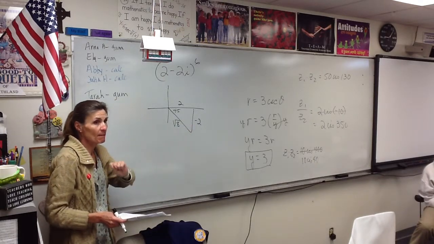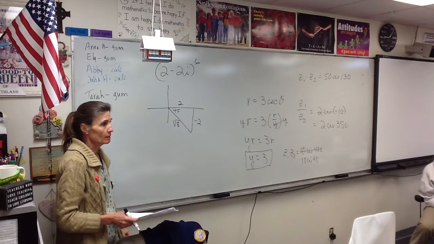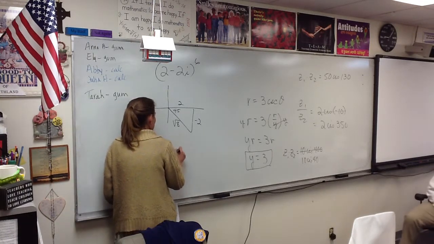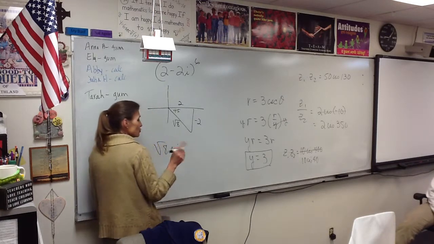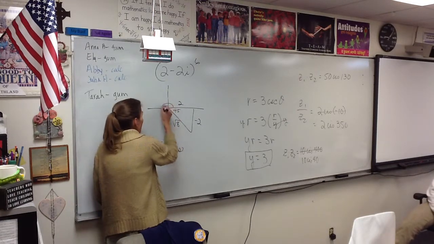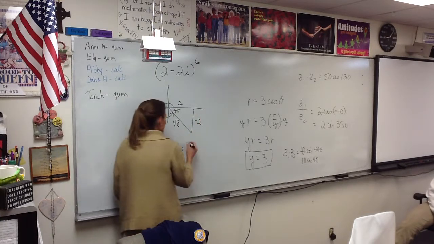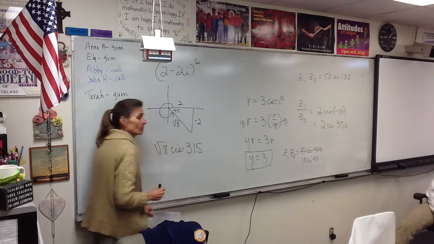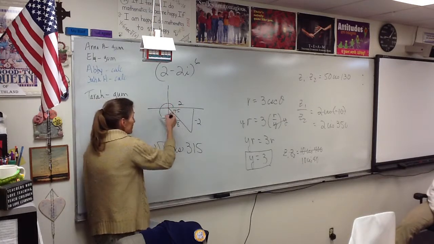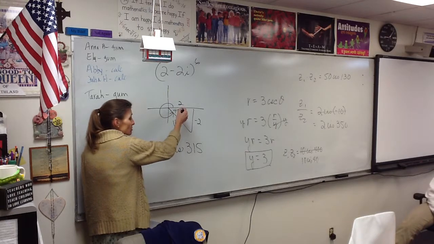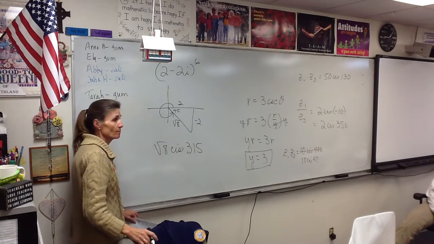I'll have to simplify my answer. So I have the square root of 8, CIS, do not say 45. What is your angle? 315, somebody said it. This is 315 degrees. All the way around is 360. 360 minus 45.